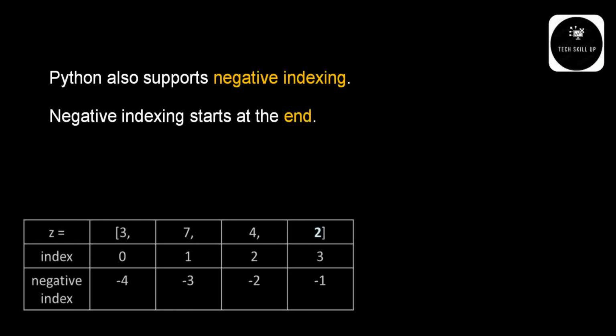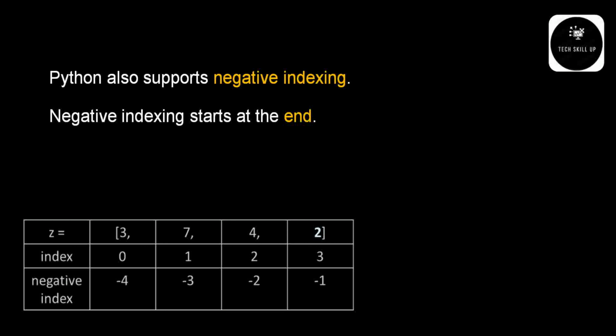Let's take a scenario: you don't know how many elements are there in a list. In this scenario, if you want to access the last element, you can directly use minus 1.